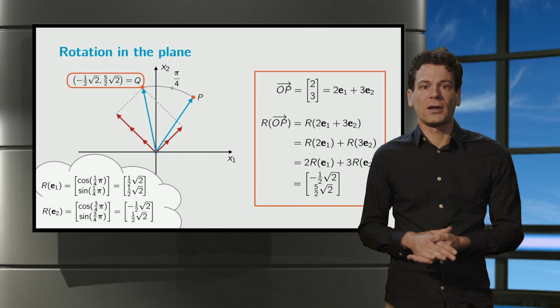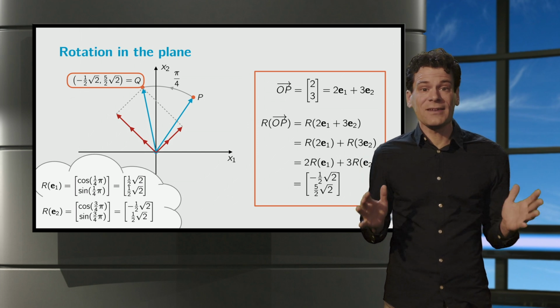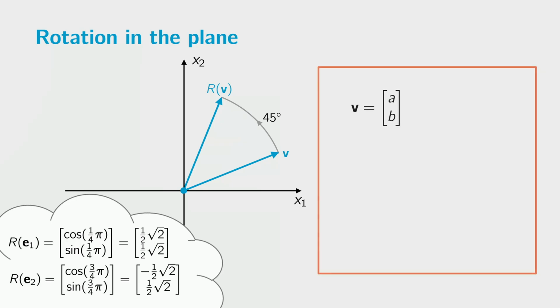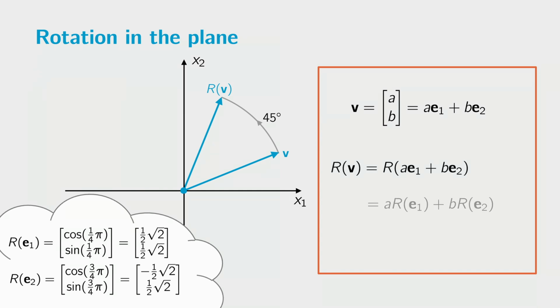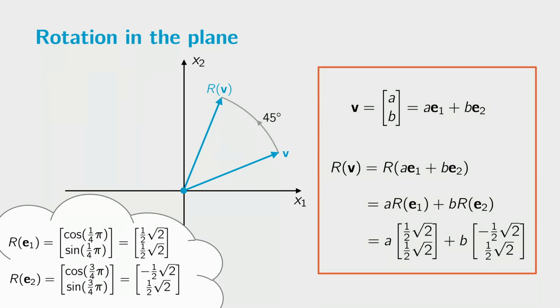This may seem like a lot of work, but the procedure works for any vector v. Let me show you. If v has components a and b, then we can write it as a times E1 plus b times E2. The rotation of v is a times the rotation of E1 plus b times the rotation of E2. And since we already know the rotations of E1 and E2, we can easily calculate the rotation of v.